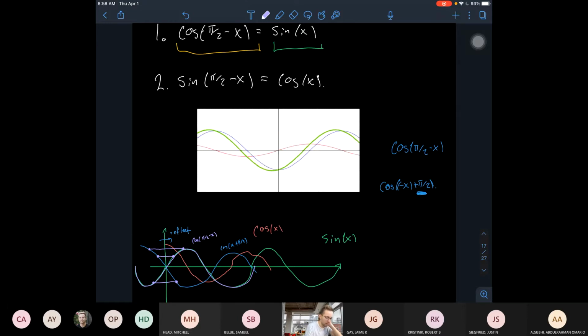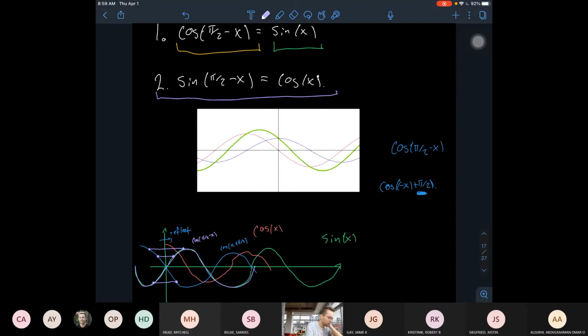And if we do the same thing for number 2, if we transform sine in the same way, then we get cosine. So the same exact transformation applied to either of these functions gives us the other one.